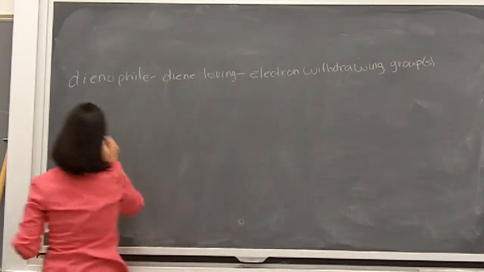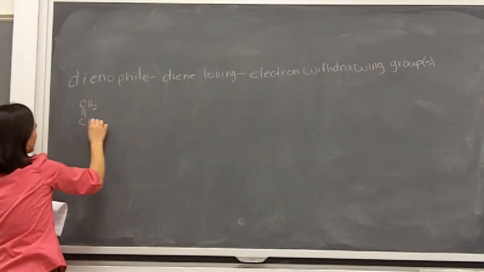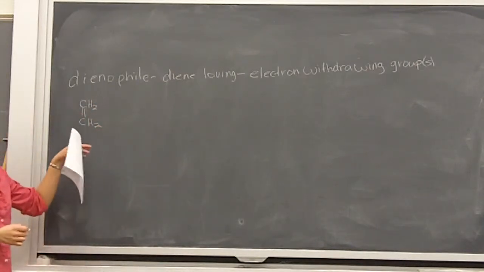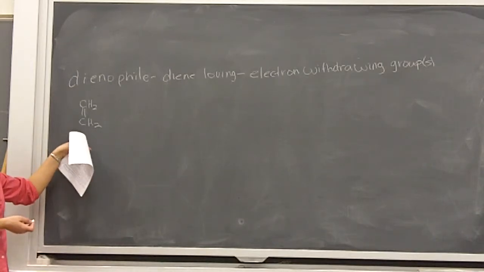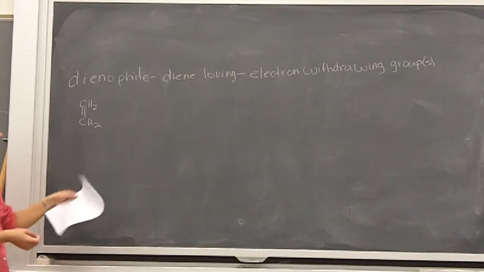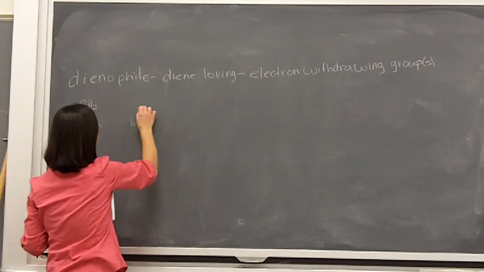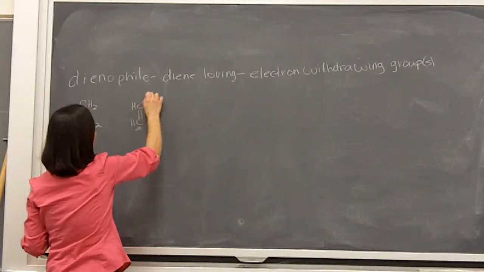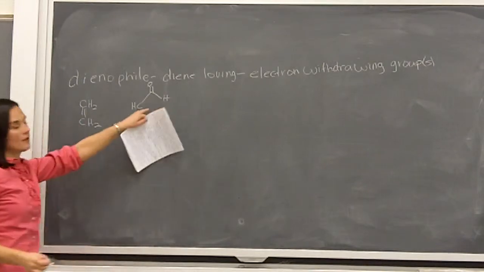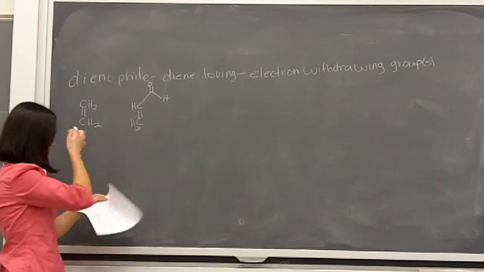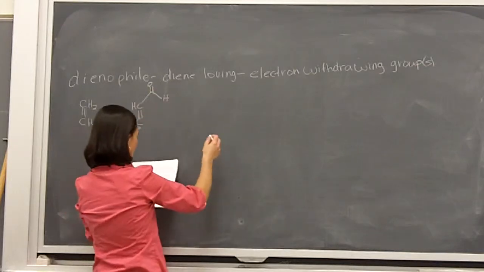So if you look at just ethylene, it itself in a Diels-Alder reaction is pretty slow. You could get a Diels-Alder reaction to work, but it's going to go pretty slowly. It's not going to go very quickly. If you get something like this, here we've got an aldehyde off of it, definitely a good electron withdrawing group, so we've got propanal.